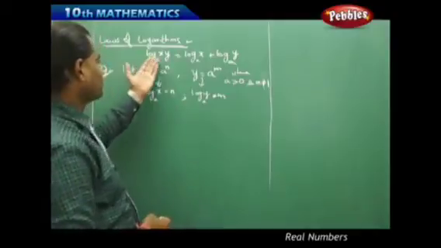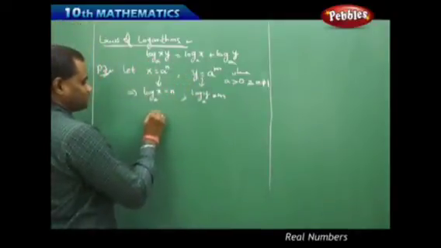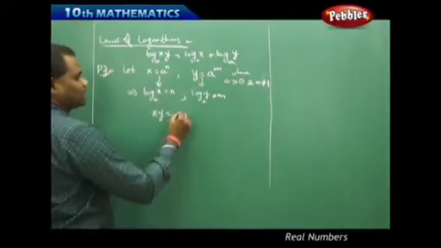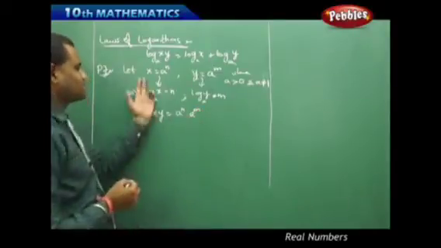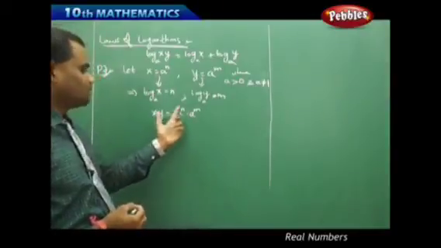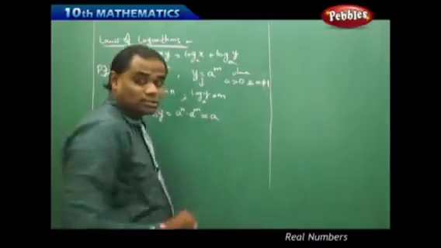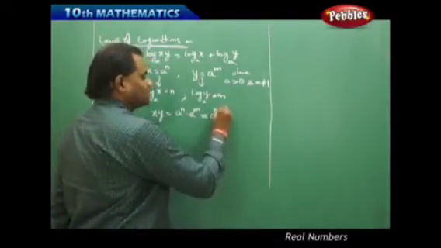Now because I want to find log xy, let me consider initially xy. So x into y as taken from here would be a power n times a power m, because x is a power n and y is a power m. Substituted, the product gives me a power n times a power m. This, using the first law of index, gives me a power n plus m because the bases are same.